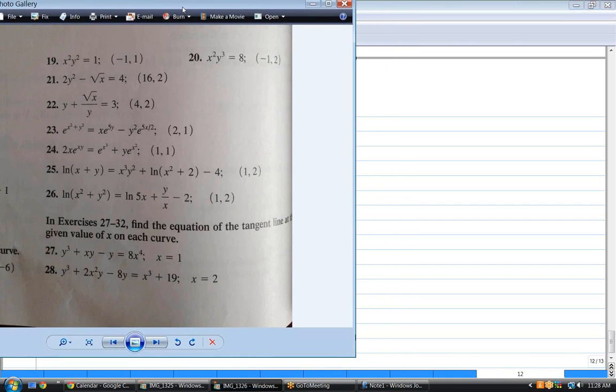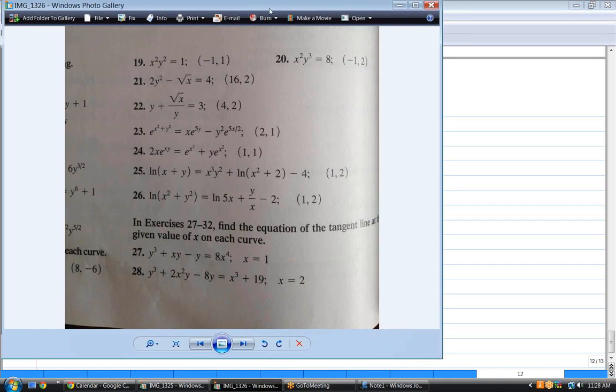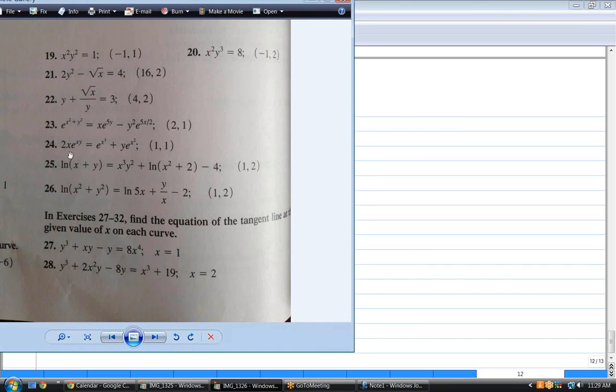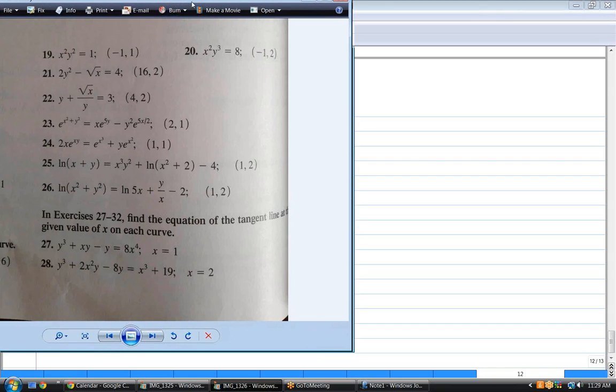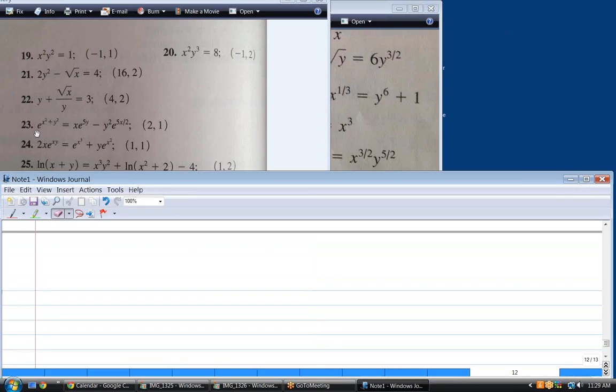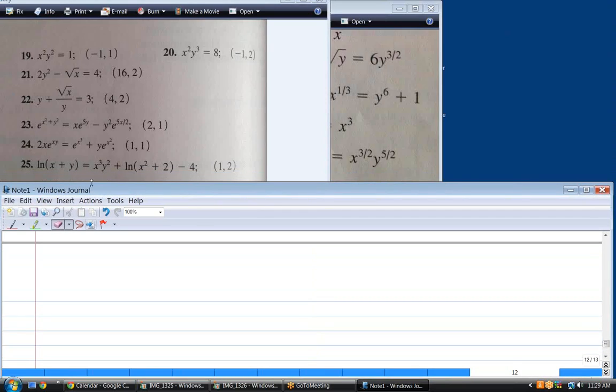Almost time. Let's do one more that I see here that looks like it could be a little tricky, and that is this one, 25. At least get started on 25 so we can figure out how to handle what's inside here.